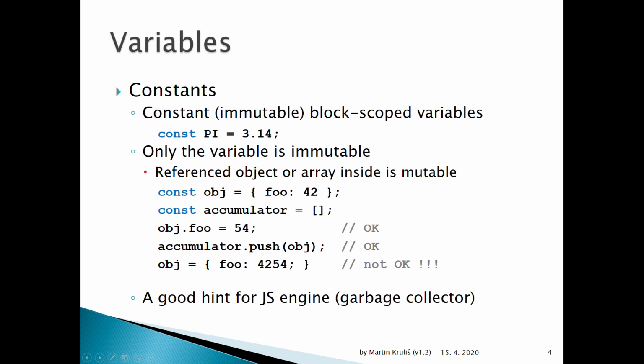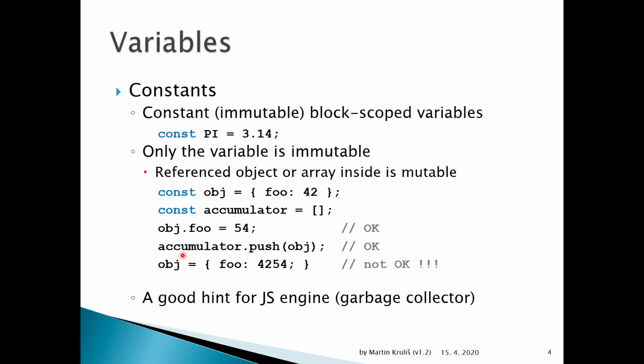Another thing regarding constants is that the constant thing is only the variable itself. So if the variable holds something which is mutable by definition, like an object or an array, the object itself or the array itself can be modified. For instance, if I have a constant object, the internals of the object, like this property, can still be assigned because it's not constant itself.